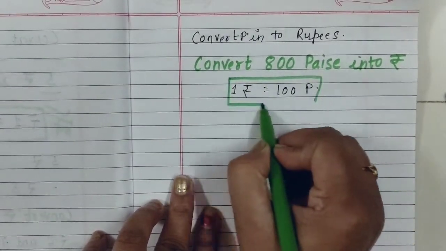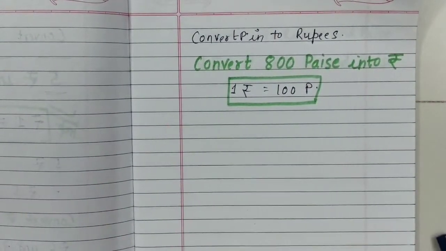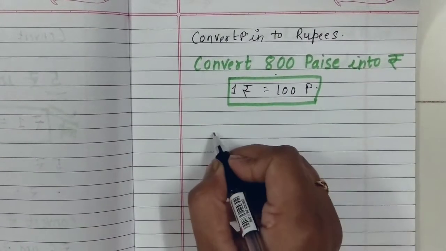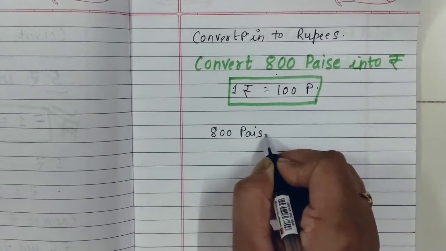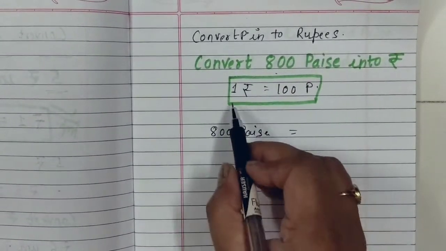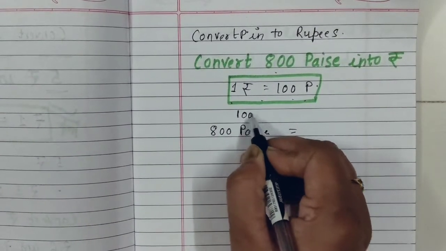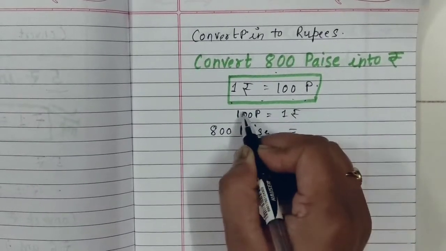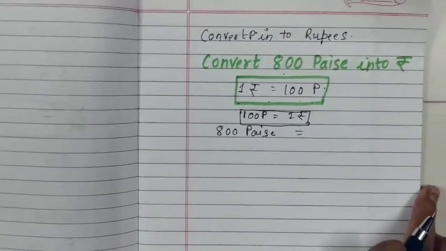So children, remember one thing. When we want to convert paisa into rupees, what do we have to do? Here we have 800 paisa, and we want to convert it. If 1 rupee is equal to 100 paisa, then 100 paisa is equal to 1 rupee.